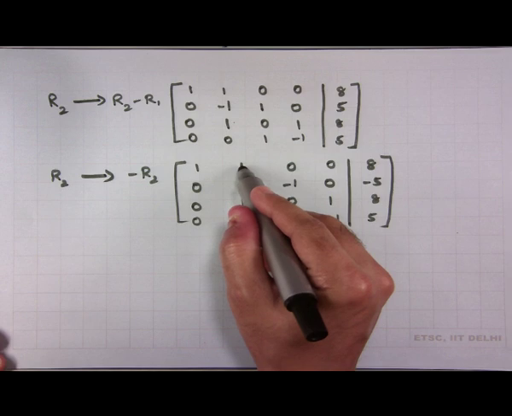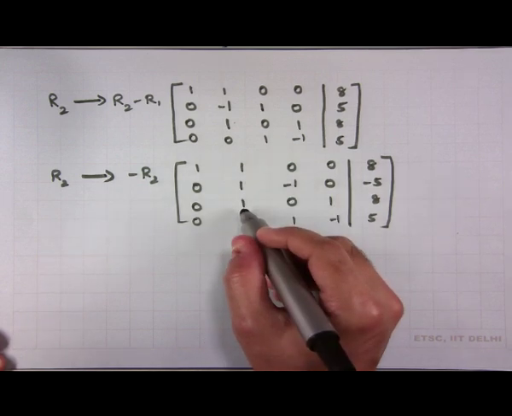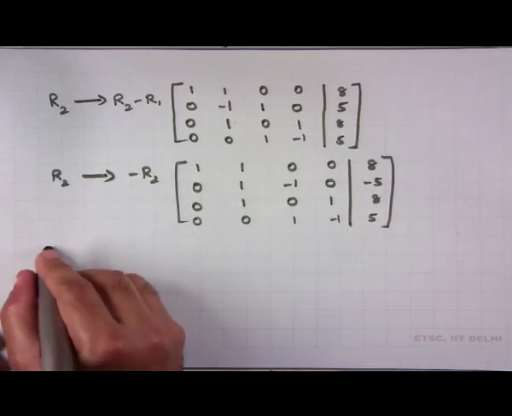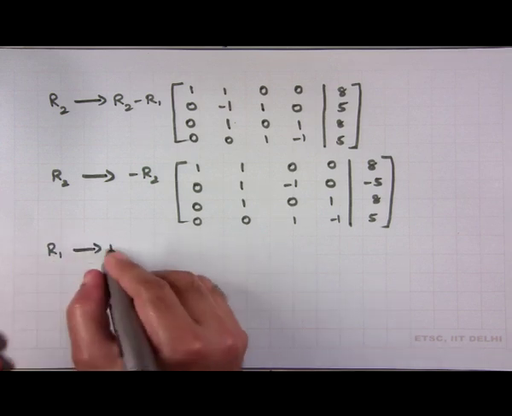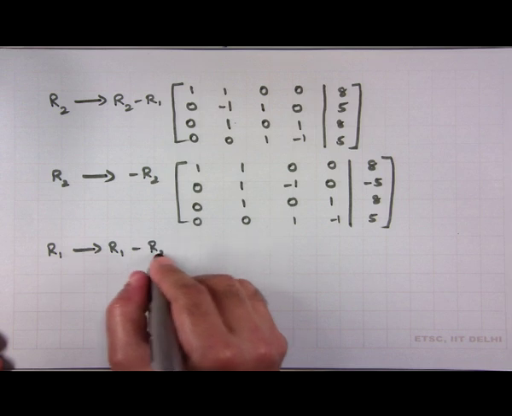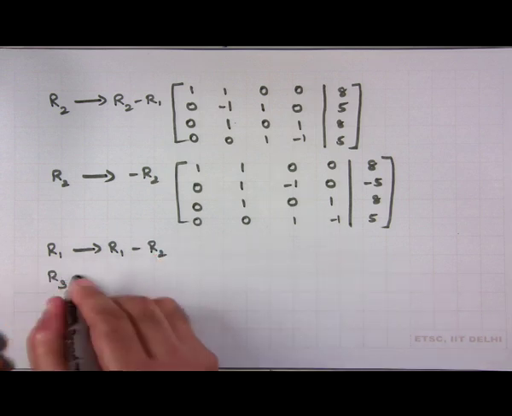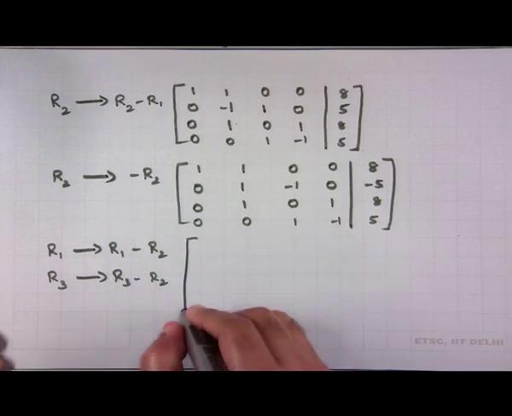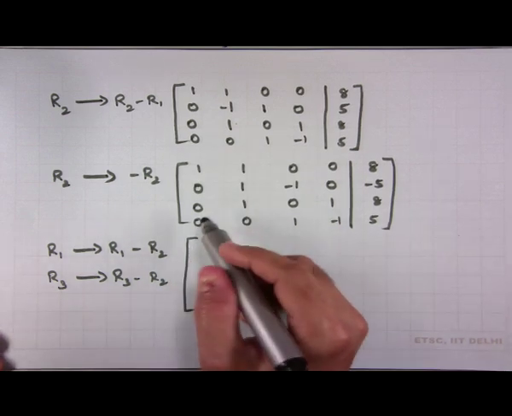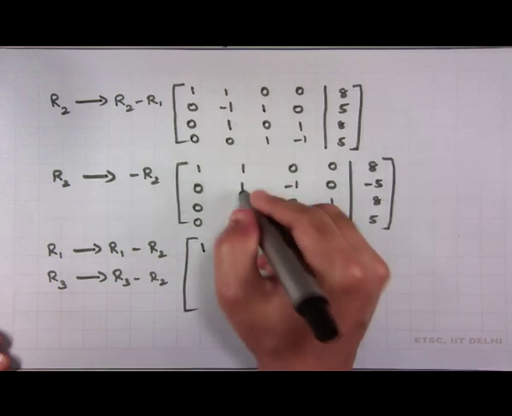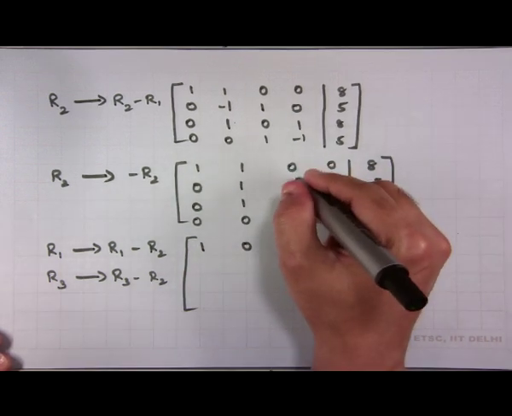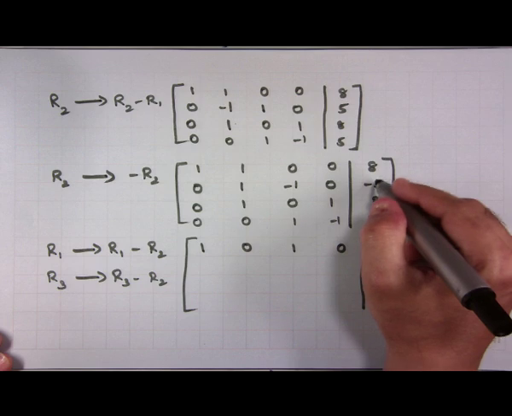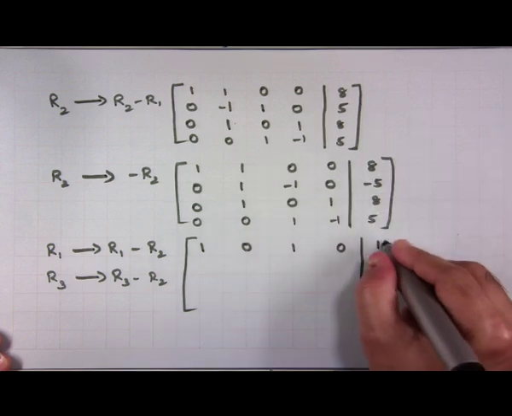Now, we have 1 and 1 on the first and third rows of the second column, so let us convert them into 0. R 1 is replaced by R 1 minus R 2. Similarly, R 3 is replaced by R 3 minus R 2. R 1 minus R 2: 1 minus 0 which is 1, 1 minus 1 you have 0, 0 minus minus 1 you have 1, 0 minus 0 you have 0, 8 minus minus 5 you have 8 plus 5 which is 13.